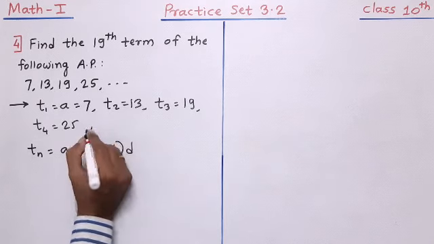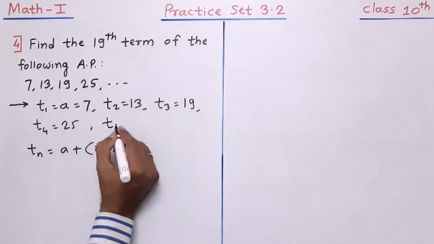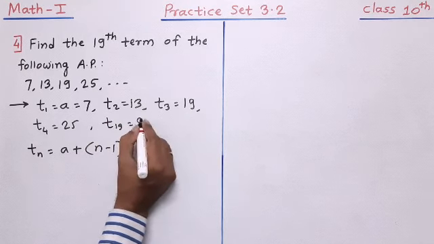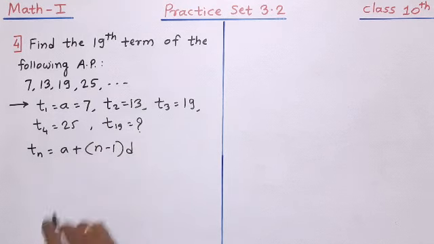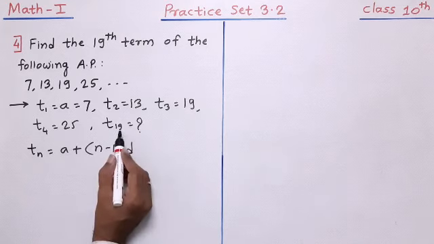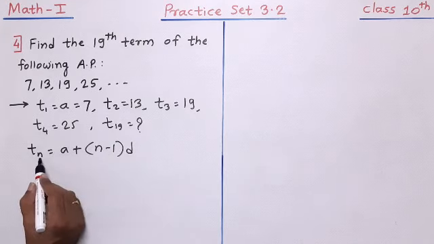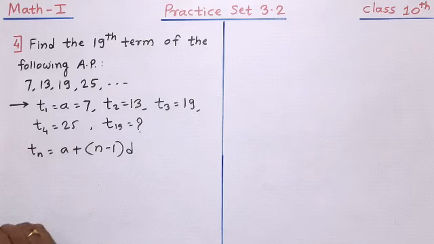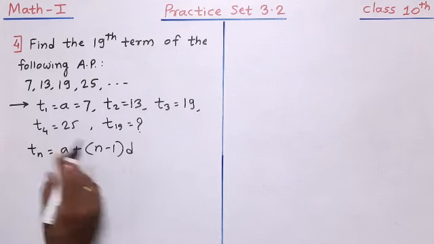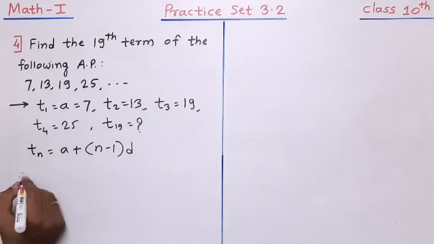Now you should know what we have to find out here. We have to find out T19, means the 19th term of the arithmetic progression. As we want to find T19, here we have to put the value of n equal to 19. And other values you can see here. Let us put the values.